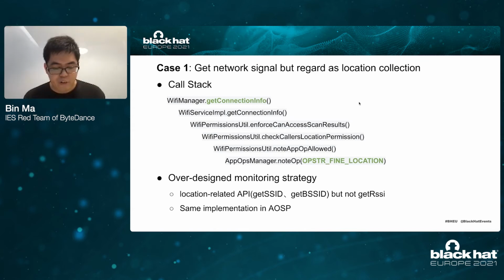This monitoring strategy is over-designed, we think, because getSSID or getBSSID should be considered as location-related APIs, but not getRSSI. So we think that the vendor should watch the getSSID API, not their further node, getConnectionInfo. This is the first case.